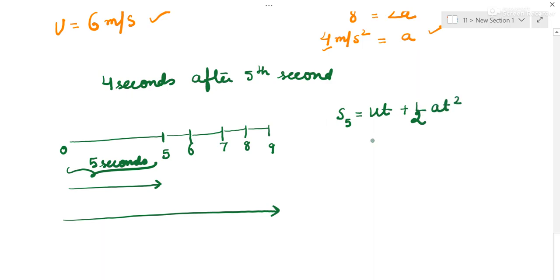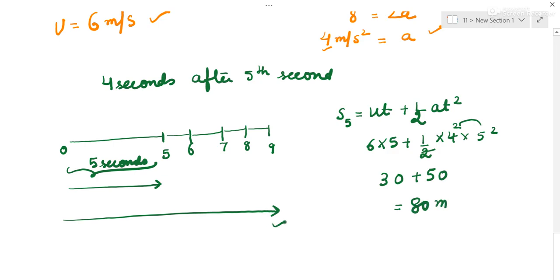So you have U as 6, time is 5, plus half, A is 4, time is again 5. 6 5s are 30, 2 2s are 4, 25 2s are 50. So distance in 5 seconds, don't say fifth second, say 5 seconds, is 80 meter.